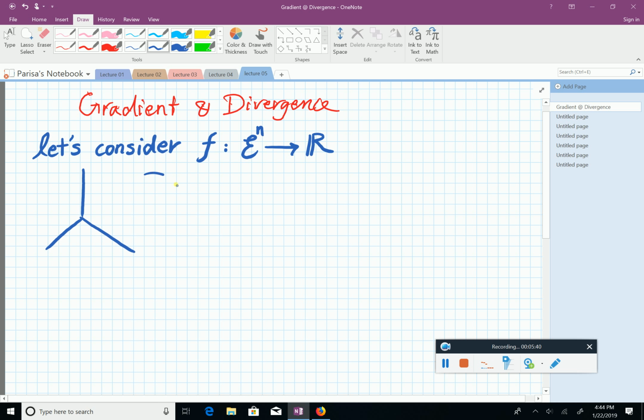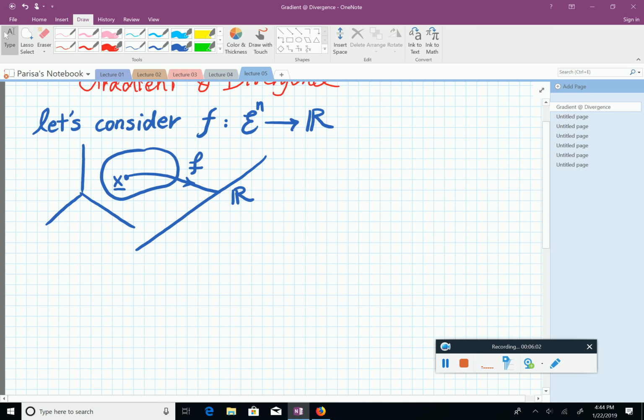Imagine that we have an object, and this is mapping, and here are the real values. We always look at a function as a mapping, right? This is f mapping every point on the object to a real value on the real value line. I'm showing this with a line.